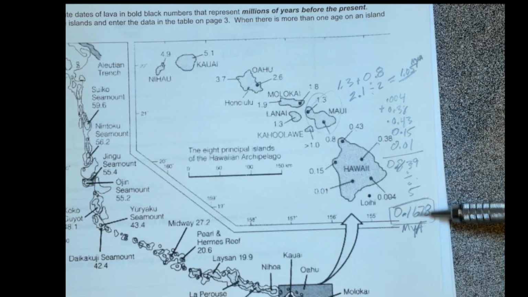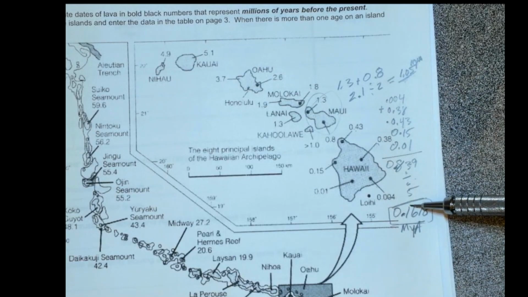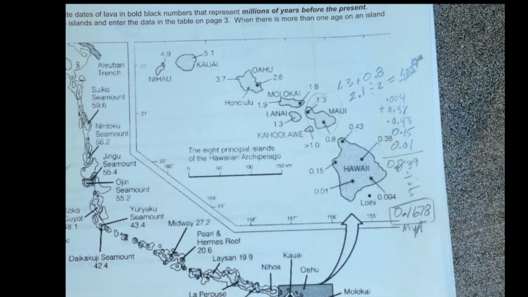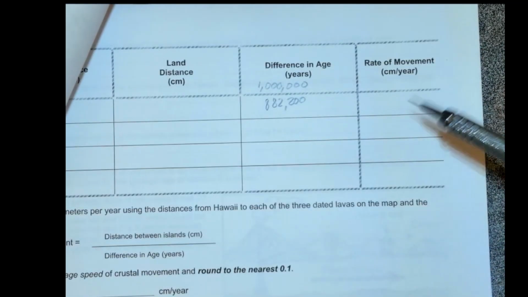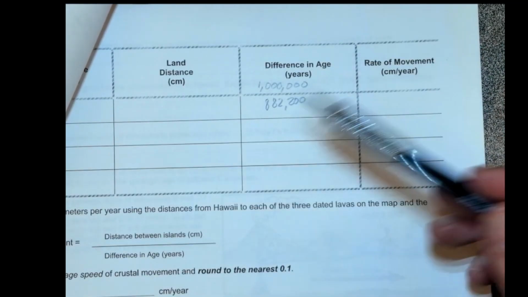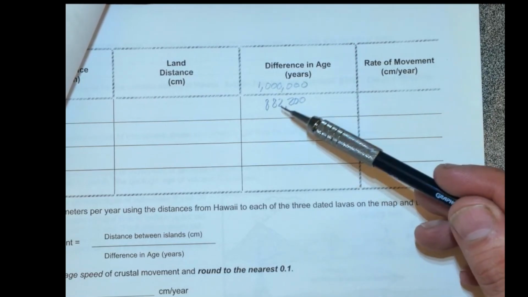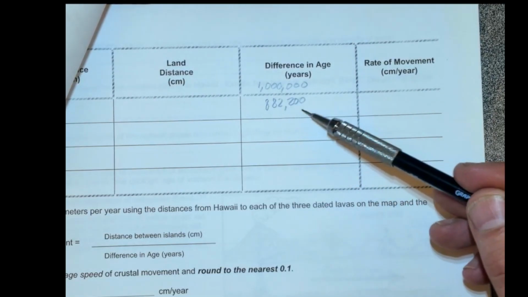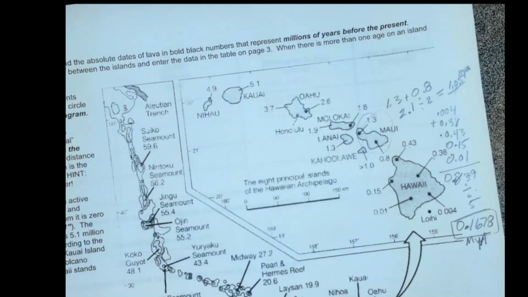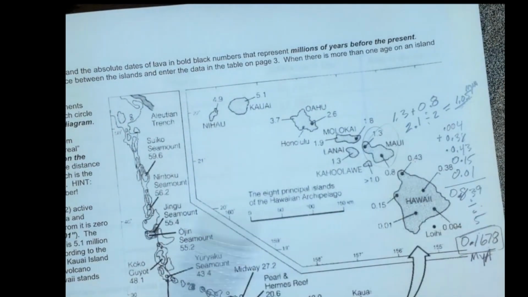Now that we have our average ages, we take the big one and take away the little one. 1.05 minus 0.1678 gives us 0.882, which is the same thing as 882,200 years.